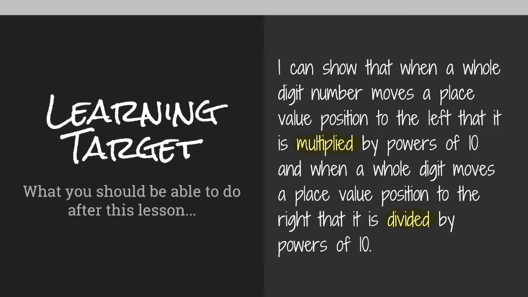So it's the same skill, it's just that each operation has a different direction. I don't want you to get overwhelmed when you see this wordier learning target. So that's what we're going to do today. We're going to look at, when we deal with powers of 10, how the numbers move on the place value chart. So let's go ahead and take a look, and we'll start with multiplication.